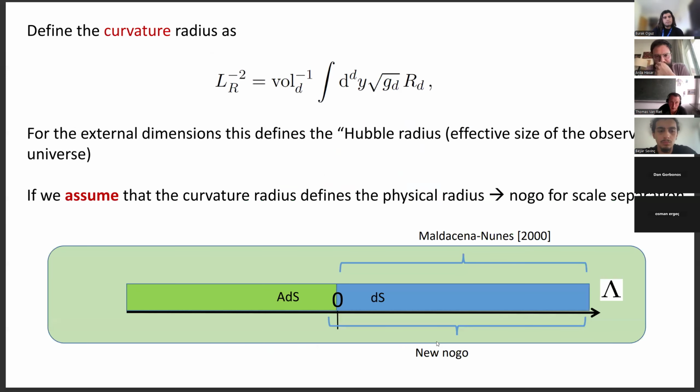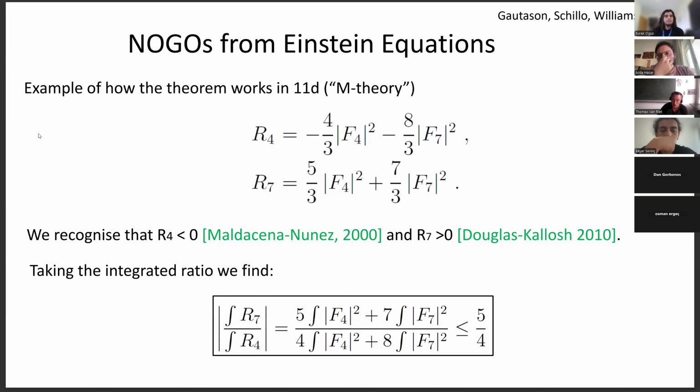What is that equation telling us? Well, I can always jump from curvature to length scales using what we call curvature radius. I guess everybody knows that. So this equation is telling me that the curvature radius of the compact dimensions cannot be parametrically smaller than the curvature radius of the observable universe.